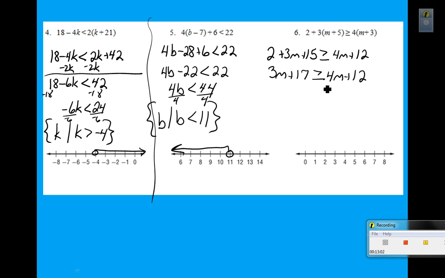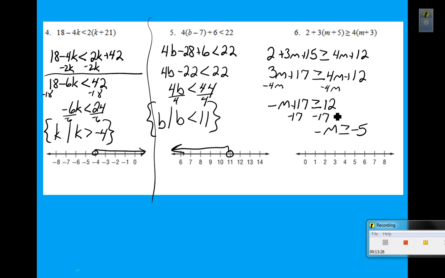Keep hashing it out. I'm going to subtract 4m from both sides. So I've got negative m plus 17 is greater than or equal to 12. I'm going to minus 17 from both sides. So I've got negative m is greater than or equal to negative 5.